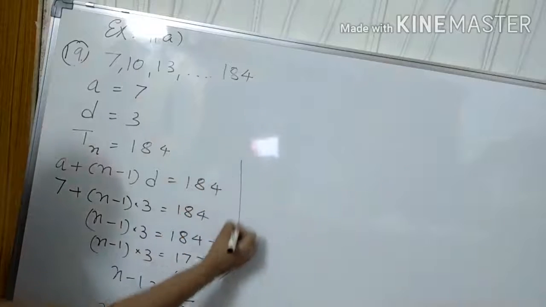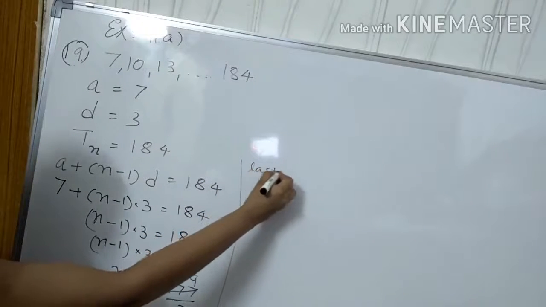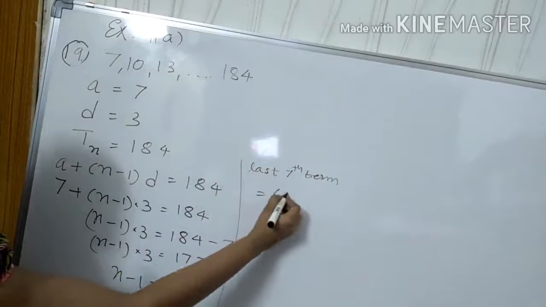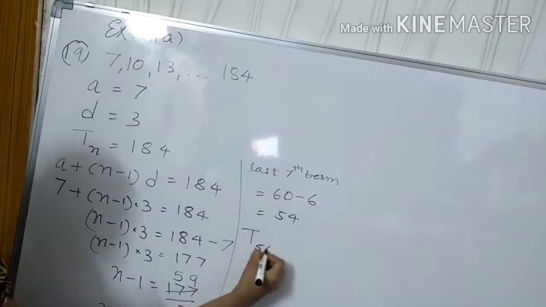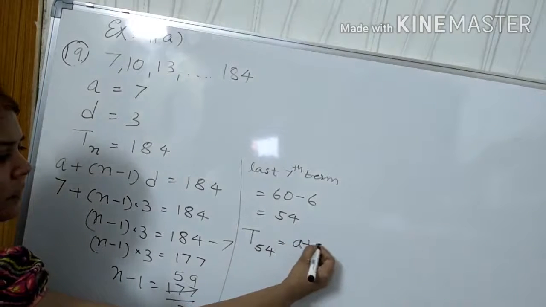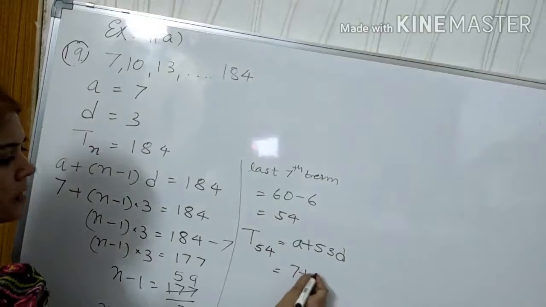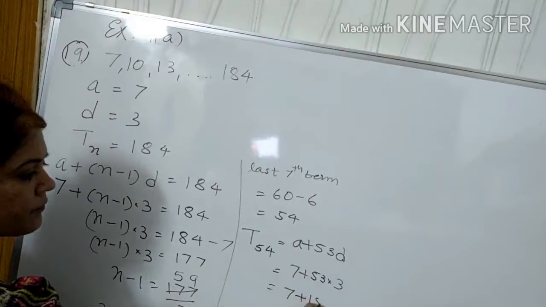So here I write, last seventh term is equal to 60 minus 6 is equal to 54. So we want to find T54. T n is a plus 53d, this is the formula. a is 7 plus 53 into 3. 7 plus 159.